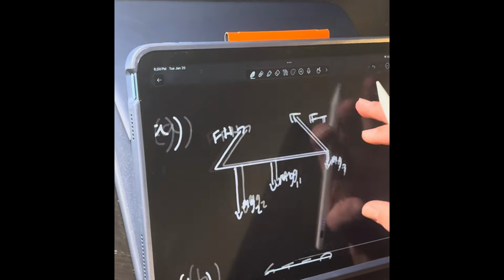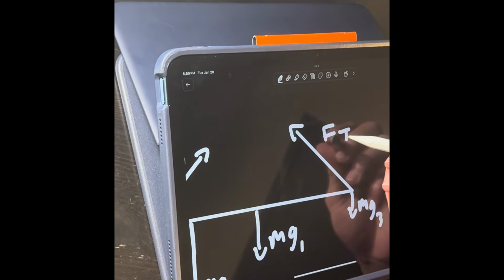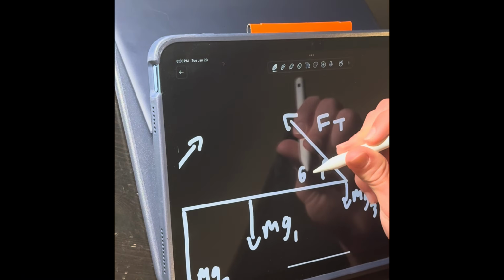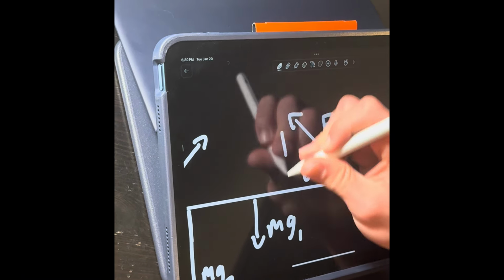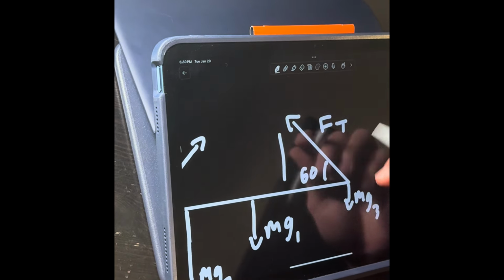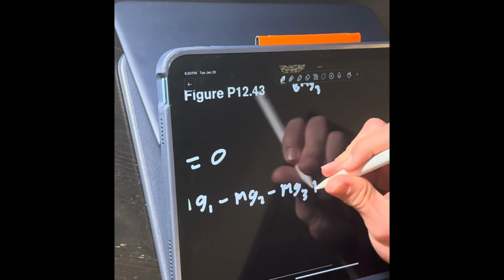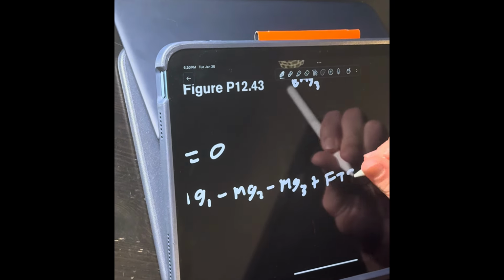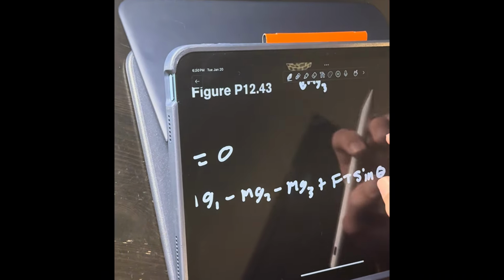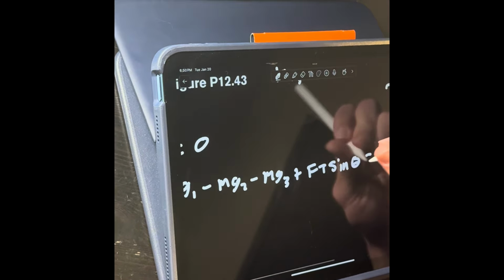And then our last force would be plus force tension. Since we have our theta here, which is 60, force tension sine of 60, since sine would be opposite. So plus force tension sine of theta, all of this equals 0.